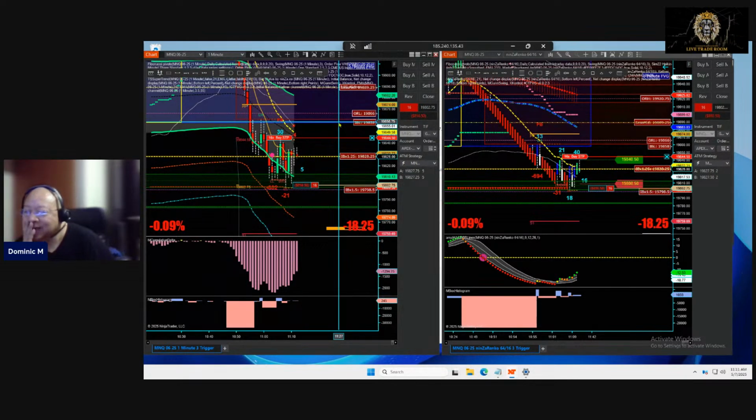Look at that rejection candle coming in from that fair value gap. So you're going to test it again. Hopefully it's going to break through since it's already been tested several times. I'm talking about the fair value gap down there.